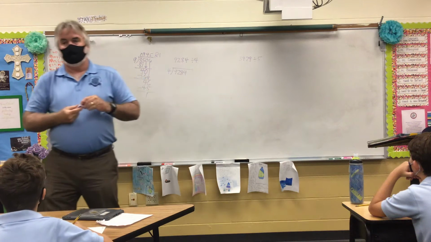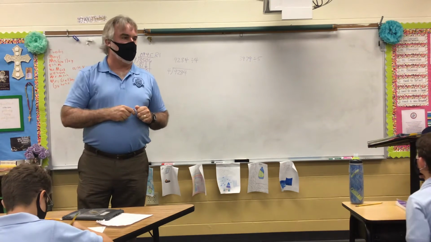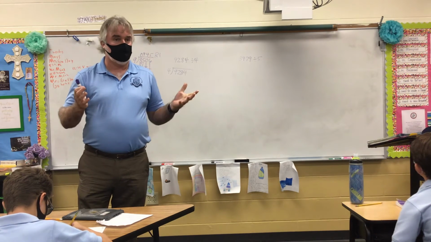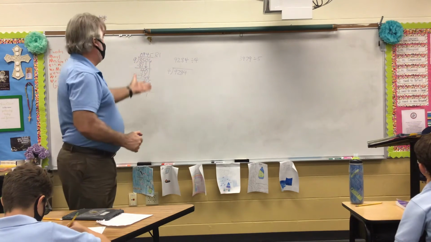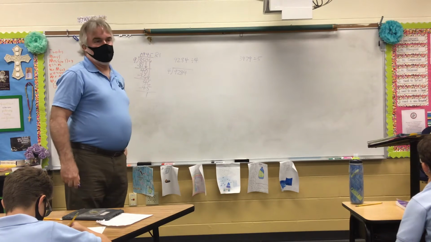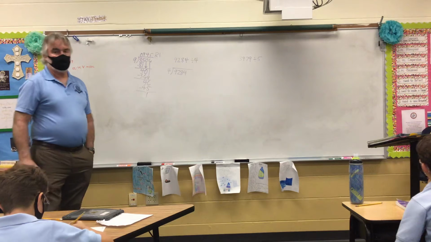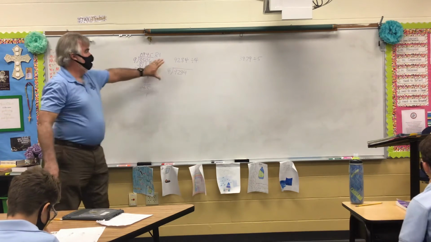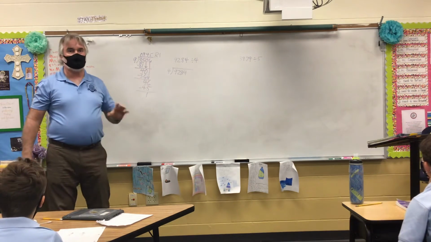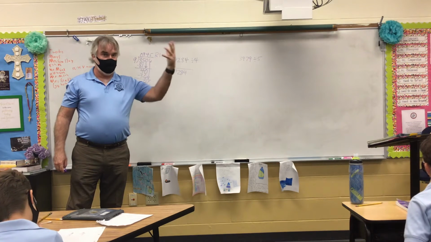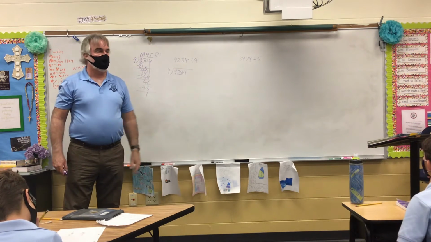Now, in your blue binder, one of the questions asked: where does the first digit in the quotient go? In this problem, where does the first digit in the answer go?